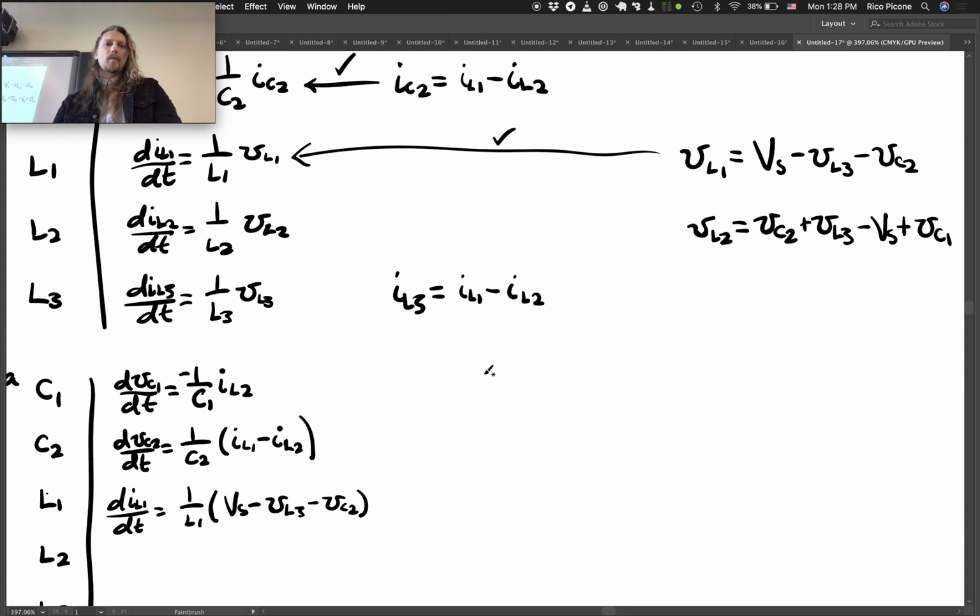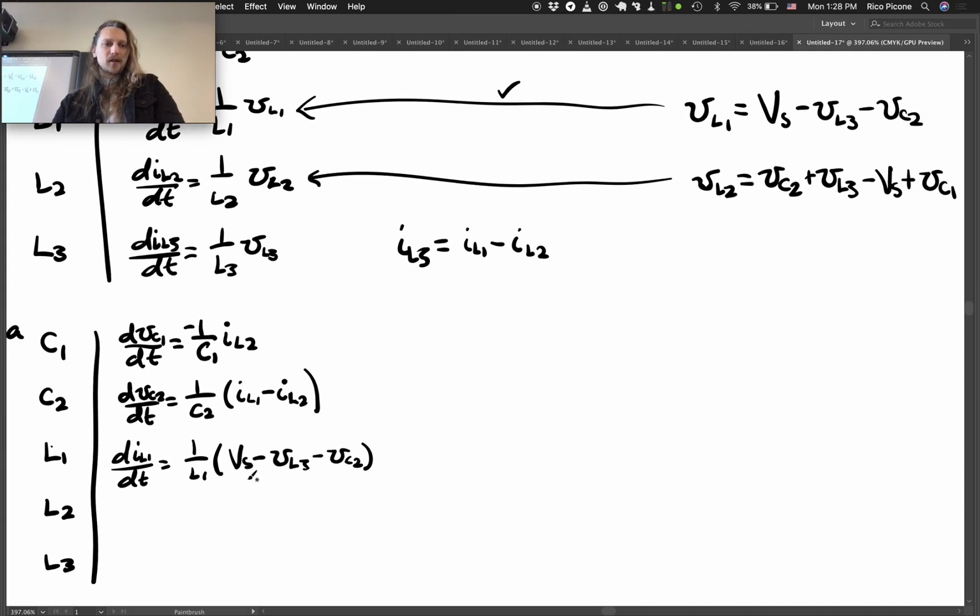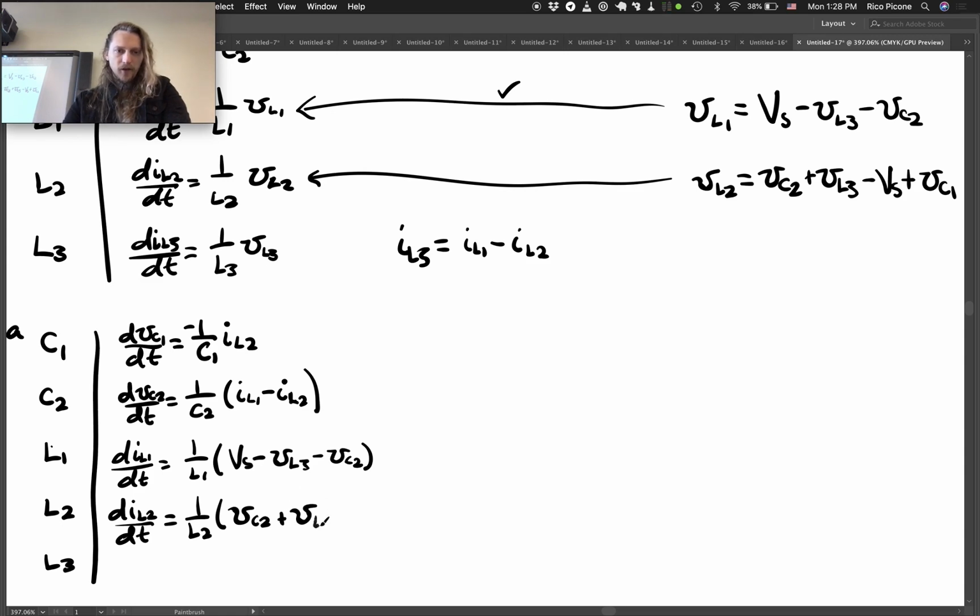Okay. The next one is this longish one. So dIL2 dt equals 1 over L2, and instead of VL2, we plug in VC2 plus VL3 minus VS plus VC1.